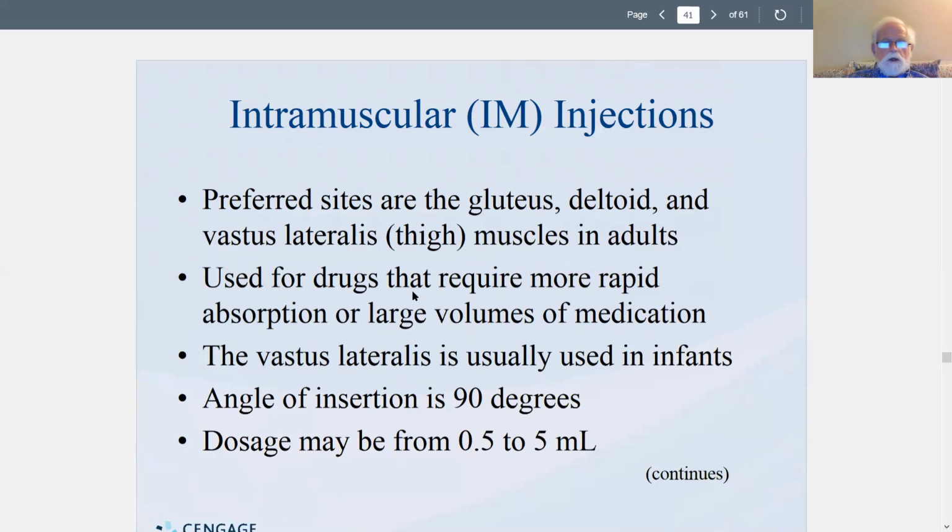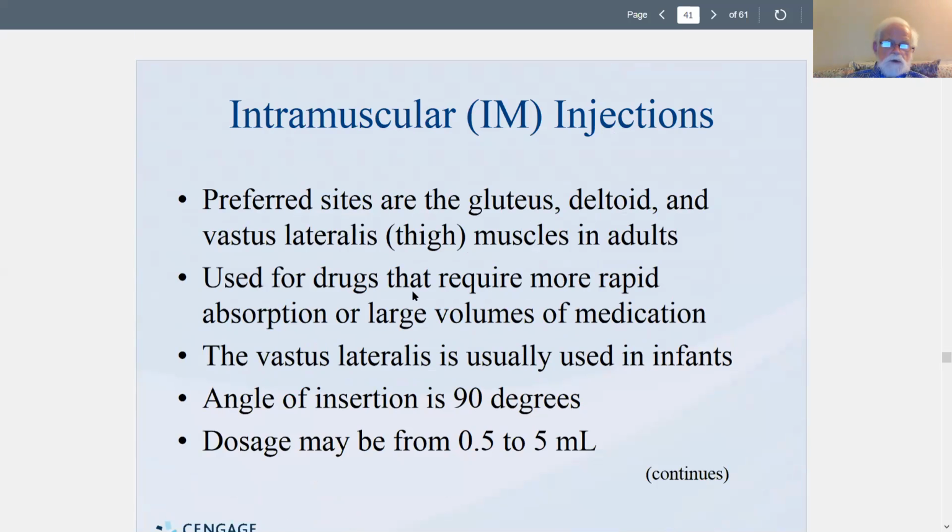IM injections can be given in many places. It can be the deltoid, the gluteus medius or gluteus maximus, the vastus lateralis on the side in adults, and that's the route usually used for infants because the rest of their muscles are too small.